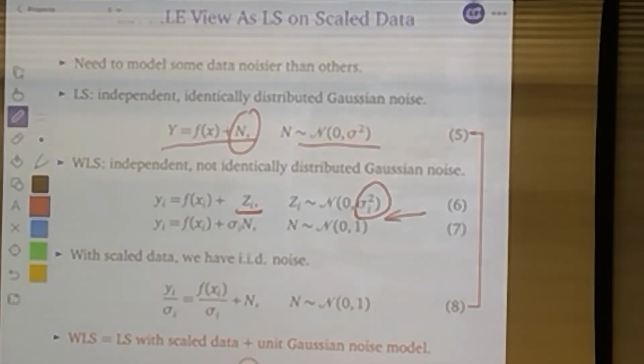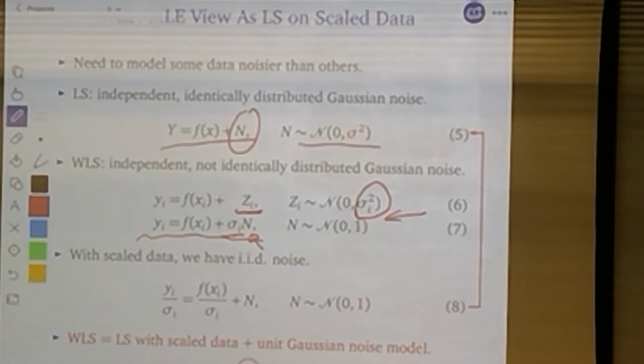This can be understood as a unit normal distribution multiplied by a scale factor sigma_i. Sigma_i here is unknown, but fixed for each instance.